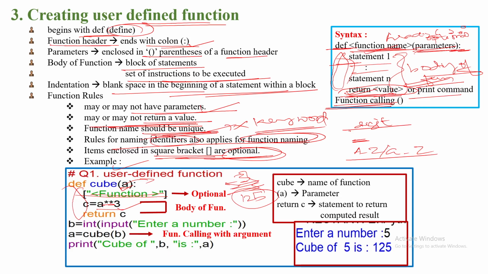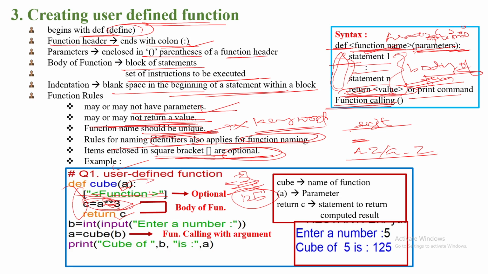Otherwise we use the exponent symbol: a ** 3, and then return c. A function may or may not return a value. Here, return c means c stores the value after calculating.